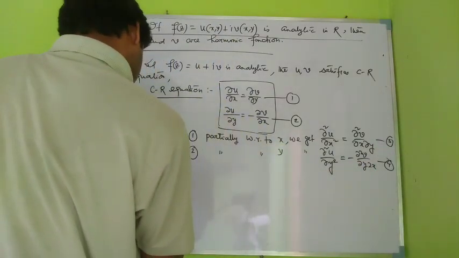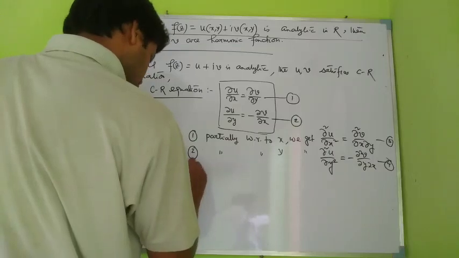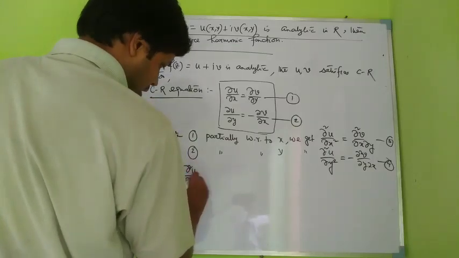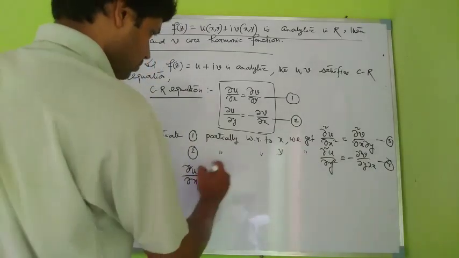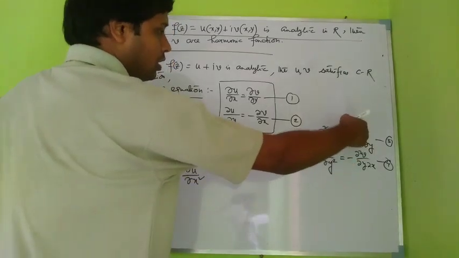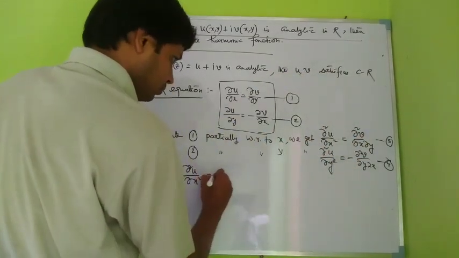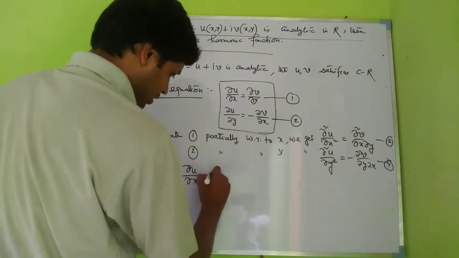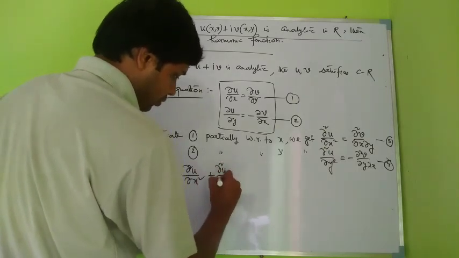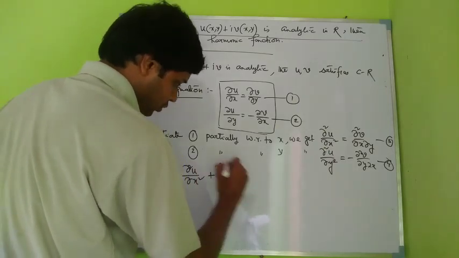So adding, by the help of Cauchy-Schwarz we call this equal, del 2u del x2 plus del 2u del y2 is equal to 0.